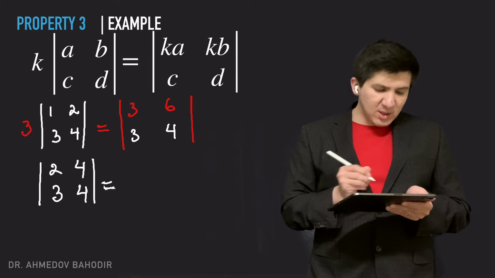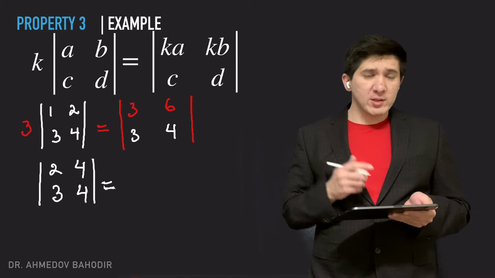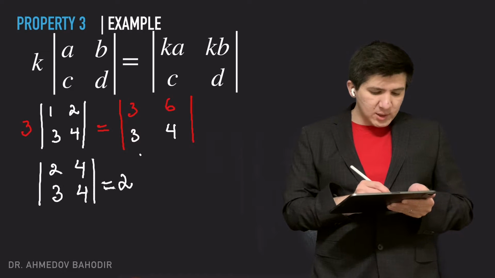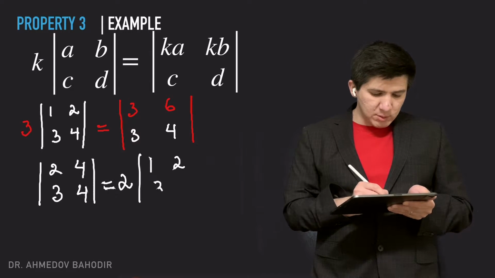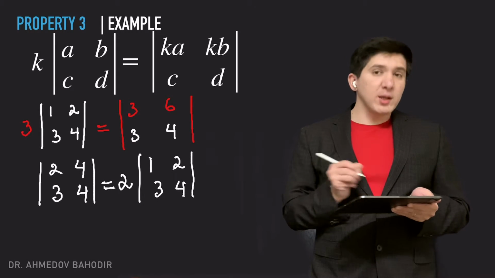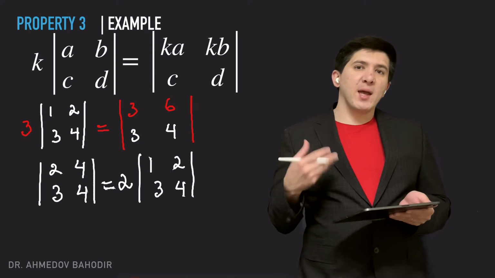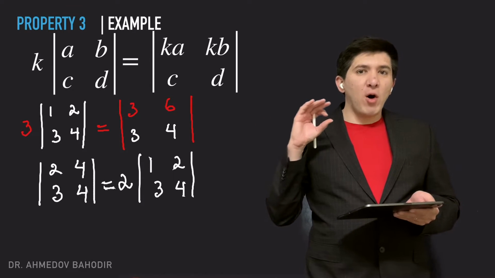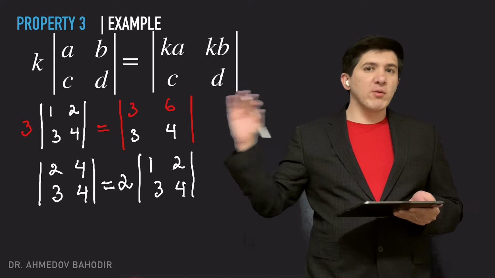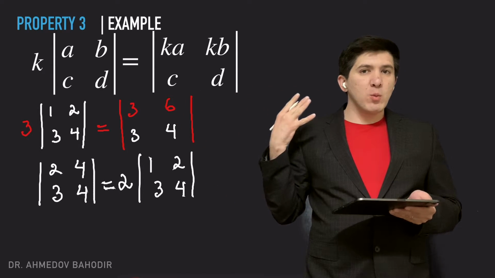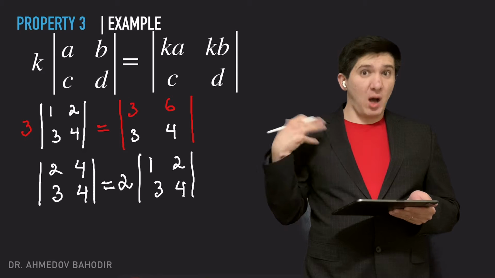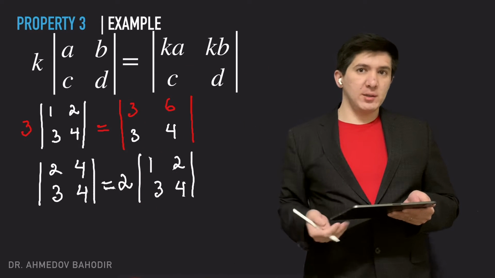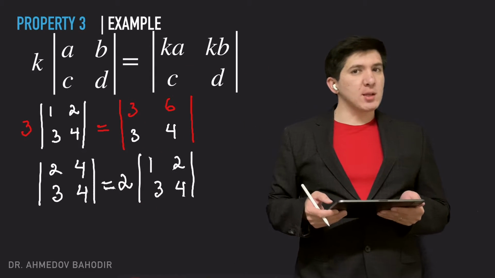What you can do is take out 2 from the first row, and you can write this as 2 times the determinant 1, 2, 3, 4. It's a really important property. It tells us that if all of the entries in one of the rows are multiplied by one constant, you can take this constant outside the determinant. We're going to use this a lot.